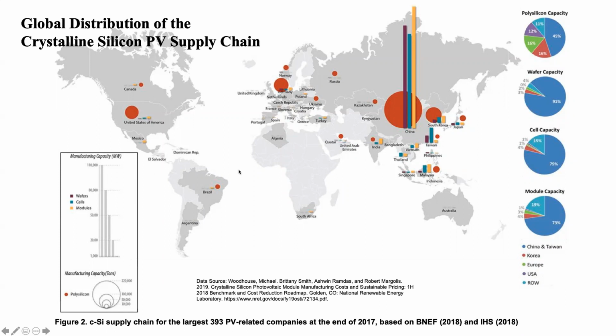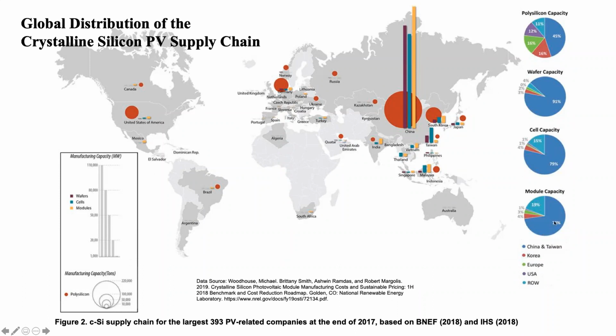As you can see, in 2017, polysilicon production was dominated by China, and to a lesser extent, the U.S. and Germany and South Korea. If you look over here on the right-hand side, these pie charts break down each portion of that supply chain: wafer capacity, cell capacity, module, by region.